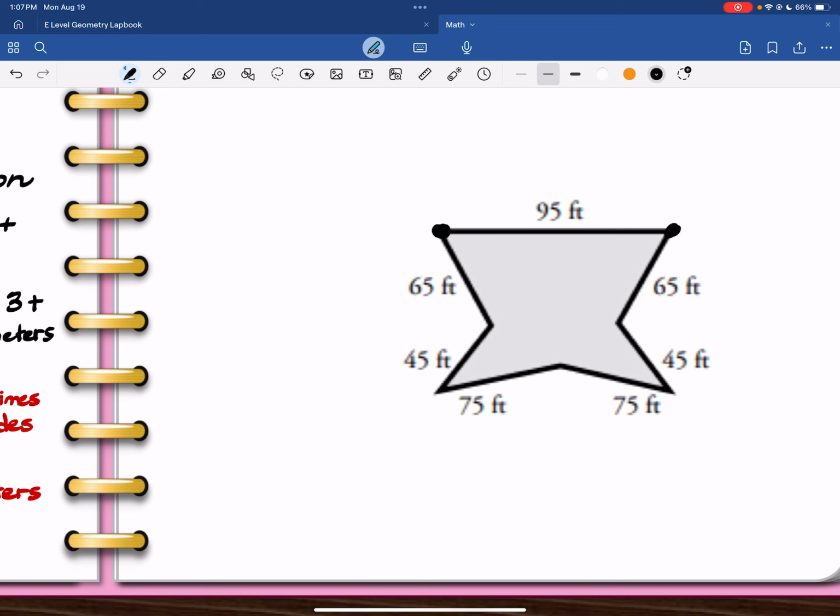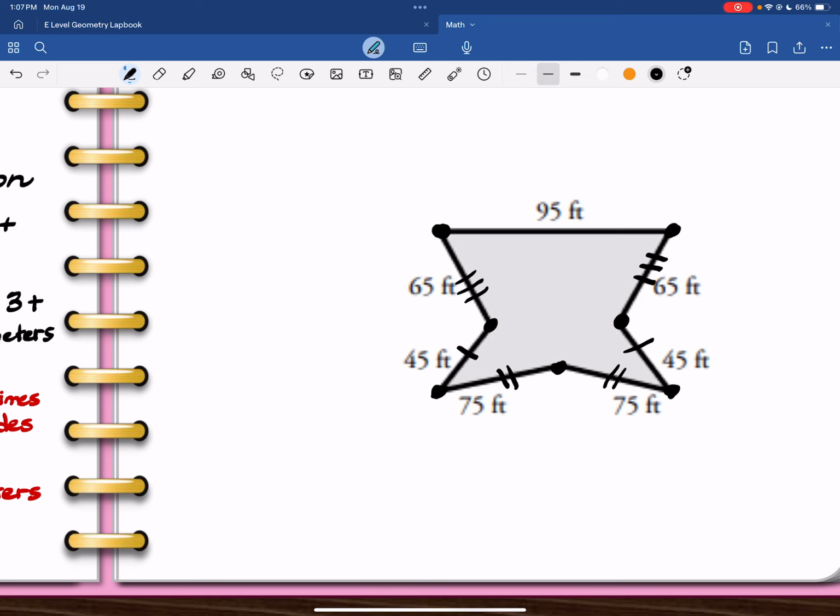There's one side, two sides, 3, 4, 5, 6. We do have 2 of the 65s and 2 of the 45s and 2 of the 75s. And then that 95 up there.